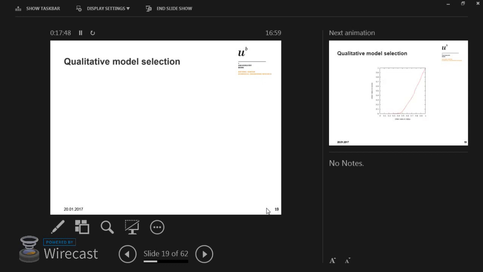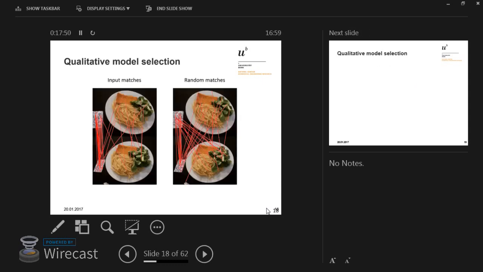And if we have this, let's say, ordered data on the left and chaos on the right, we want to compare the performance of the model on the two of them. And the way of doing this is, for a given model and a given threshold, we look at how many inliers it has in the data and how many inliers it has in the noise.